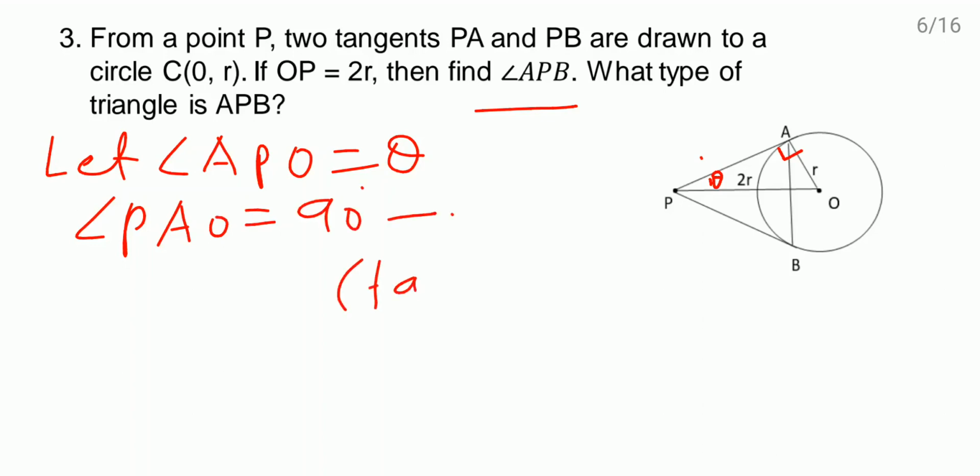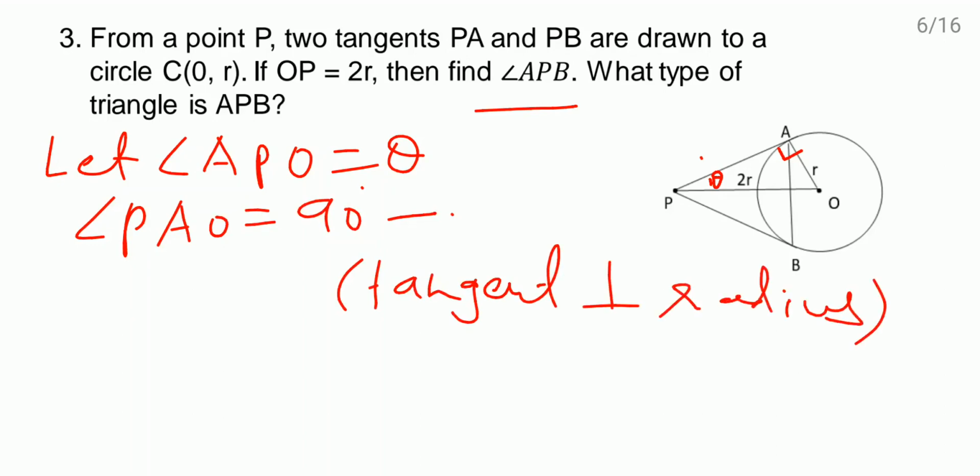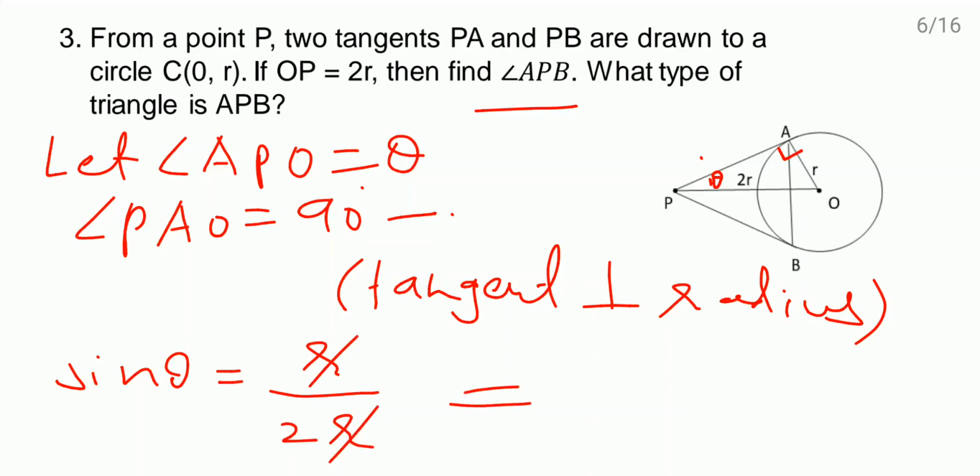Tangent is perpendicular to radius. Okay? Now I can write down sine theta, which is equal to opposite side by the hypotenuse. We can cancel r and r. We get sine theta, which is equal to 1 by 2. So which implies that theta is equal to 30 degree, because sine 30 degree is 1 by 2.